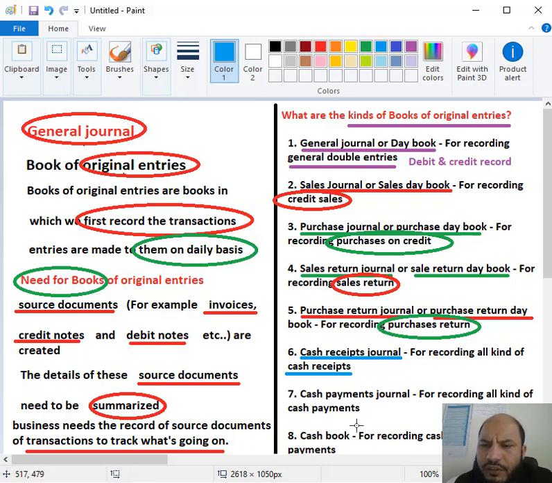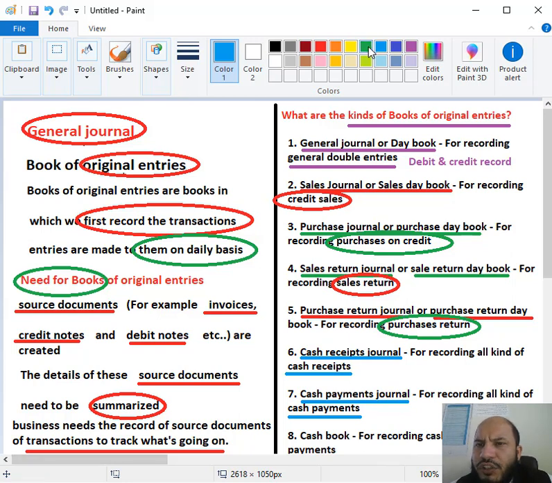We also have another type of journal, which is called the cash payment journal. In this cash payment journal we will record all the payments of cash that we make during the business.